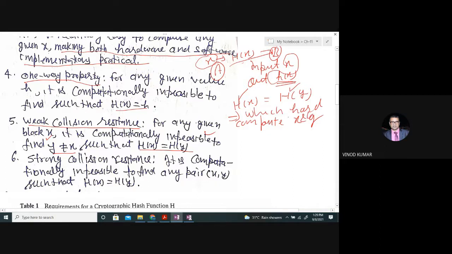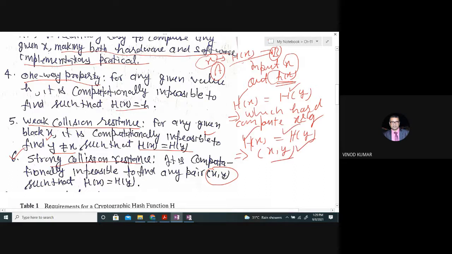Okay, this is a hardness property or weak collision resistance property of the hash function. The sixth one is strong collision resistance. Okay, so it is almost the same, but here we choose the pair x, y. It is completely hard to find the pair x, y for a given output.